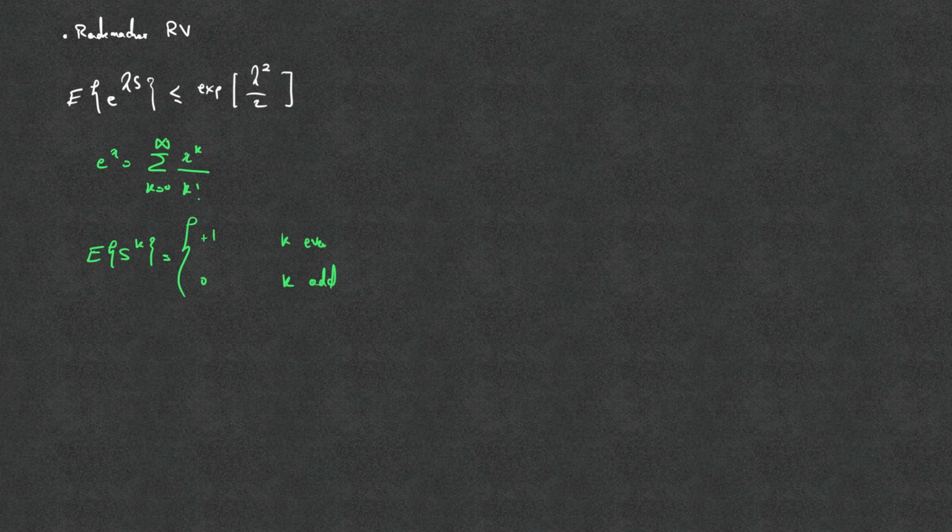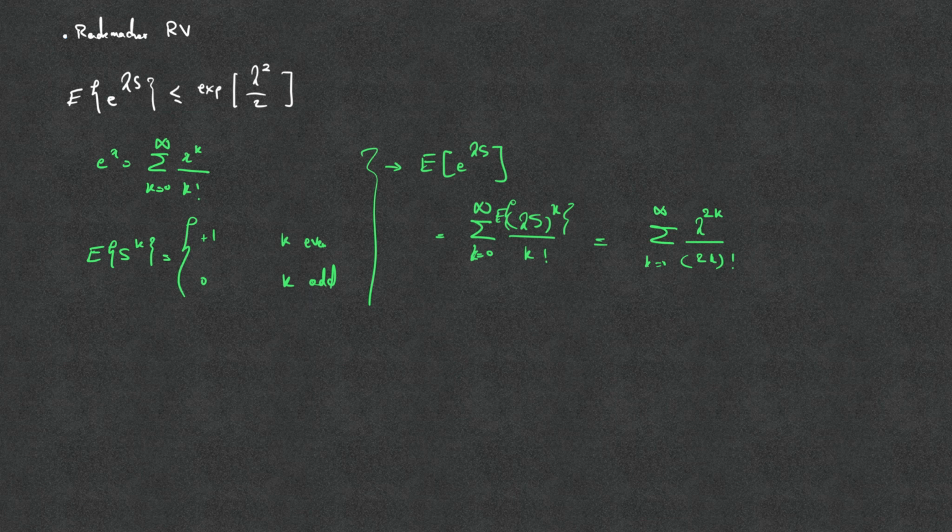So you know that based on the k, if you have the random variable defined as s to the power of k, if k is even, it's 1, if it's odd, it's 0. Now, with that knowledge at hand, if you take the expected value of e to the lambda s, and then if you basically use the Taylor series expansion and then take the expectation inside because you have this summation, you will end up with the summation from k from 0 to infinity of the same thing.